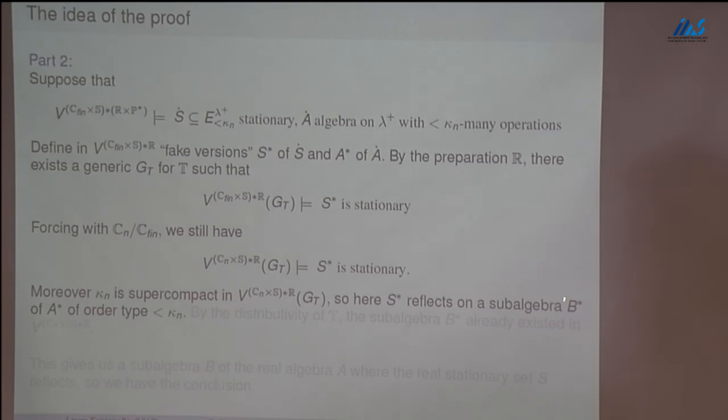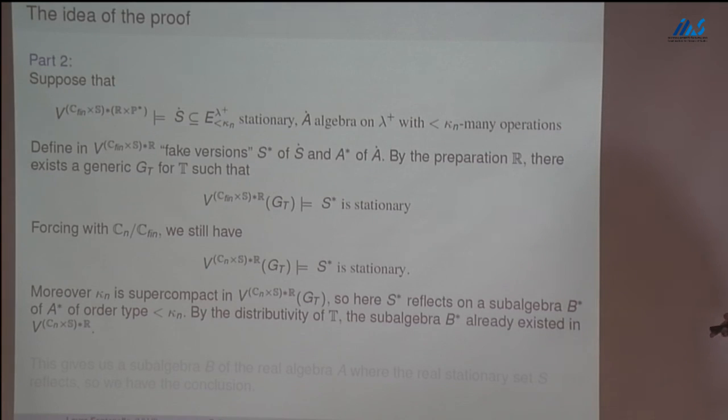So you have this fake subalgebra B star. We are still working with T, but now T can be removed. Namely, the threading forcing is distributive enough so that the subalgebra B star already existed in this model.